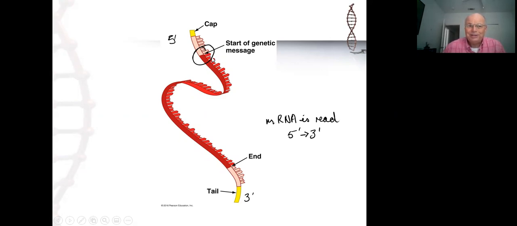But what that does is position everything into context. And it establishes what is referred to as the reading frame.